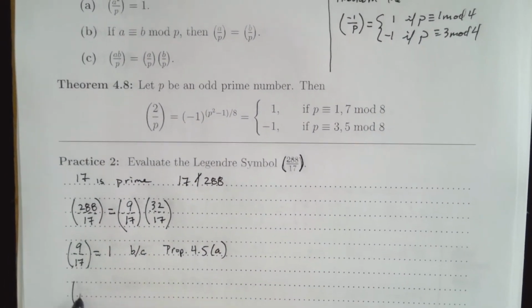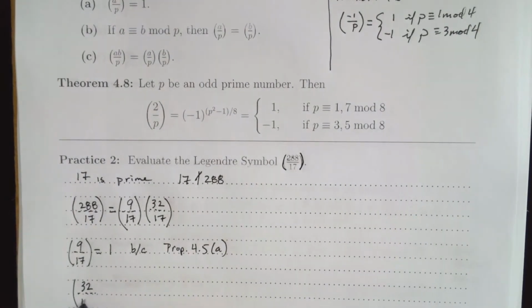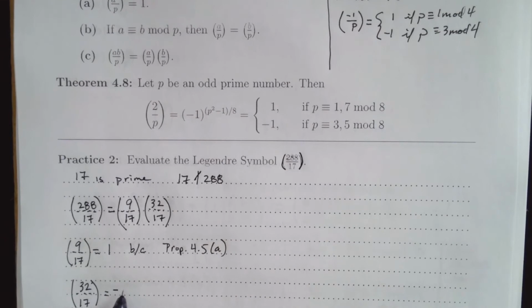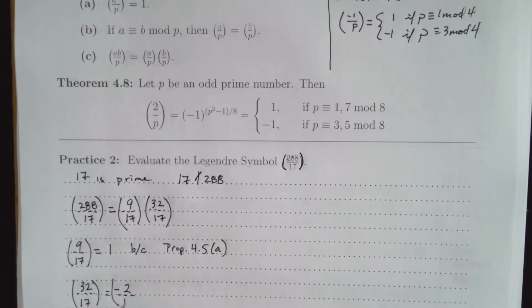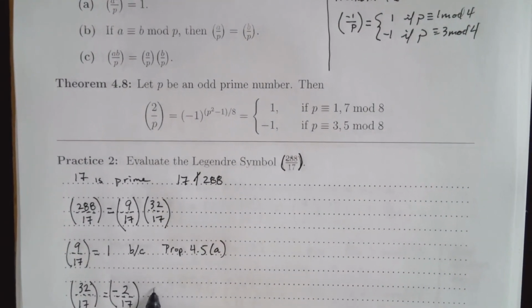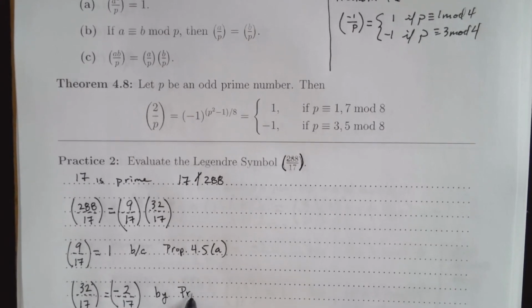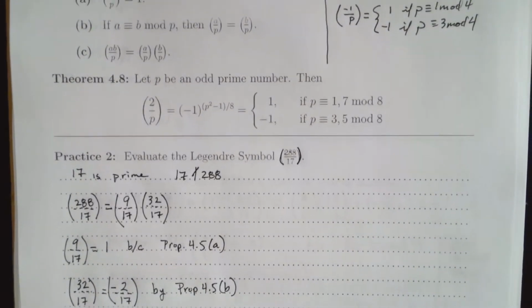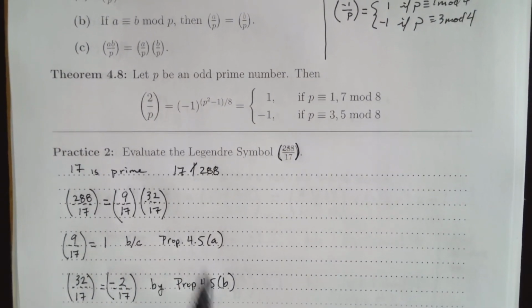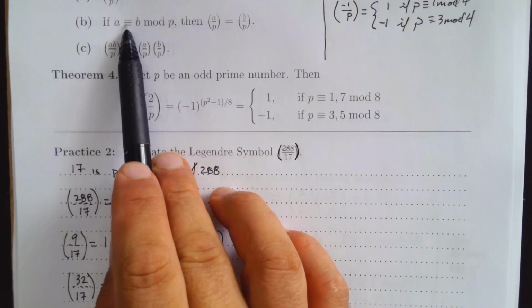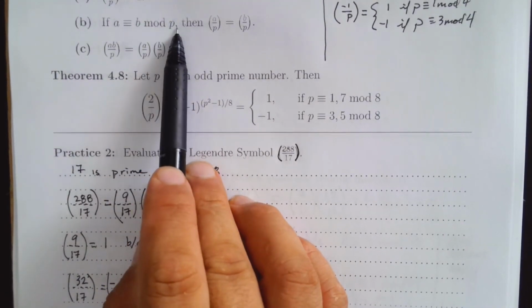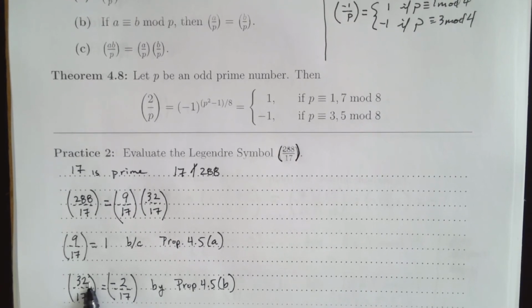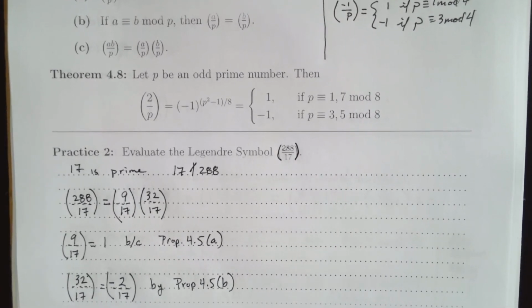We also know that the Legendre symbol of 32 modulo 17 will be equal to the Legendre symbol of -2 modulo 17, and that is by proposition 4.5b. And we say, well, what do you mean by 4.5b? Well, 32 is equivalent to -2 mod 17, because 32 is 2 less than 34, which is a multiple of 17.